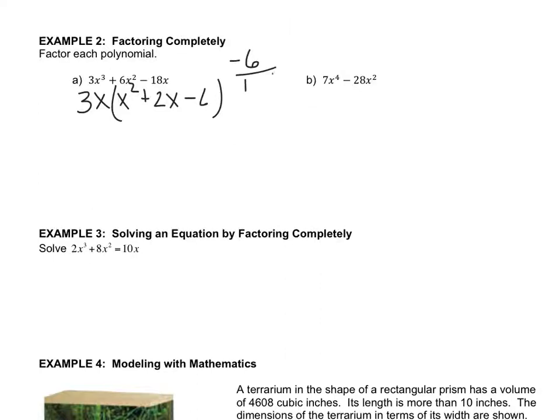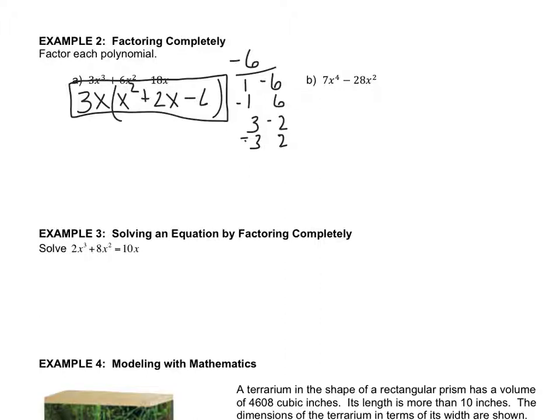Well, I can create it with a 1 and a negative 6, a negative 1 and a 6, a 3 and a negative 2, and a negative 3 and a positive 2. That's the only way I can create negative 6's. Now in this case, there's nothing that will go together there to create the sum of a 2. So as much as you feel like this should go further, this would be considered factored completely.